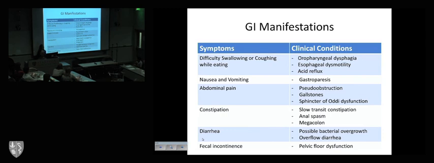You can present with esophageal dysmotility, predominantly weak peristalsis and weak lower esophageal sphincter, giving rise to acid reflux, nausea and vomiting due to gastroparesis, abdominal pain, which can be due to a variety of different things, including the gastroparesis, but also pseudo-obstruction, gallstones, sphincter of Oddi dysfunction, constipation, irritable bowel. Constipation without abdominal pain can also occur. This can be slow transit constipation, spasming of the anal sphincter, or more seriously, megacolon.